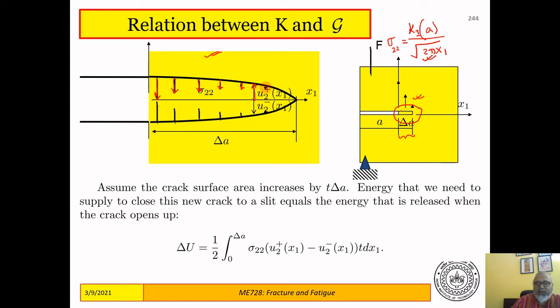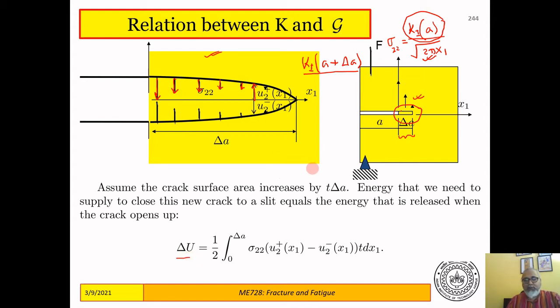So this opening is U2 plus on the upper face and U2 minus at the lower face, and these openings we can again calculate based on a crack of length A plus delta A. So this extended crack now has a stress intensity factor K1 of A plus delta A, and the displacement field should be based on this stress intensity factor, whereas the traction field that you have to use to close the crack should be based on K1 of A, which is the stress intensity factor of the main crack, and this is the stress intensity factor of the eventually extended crack.